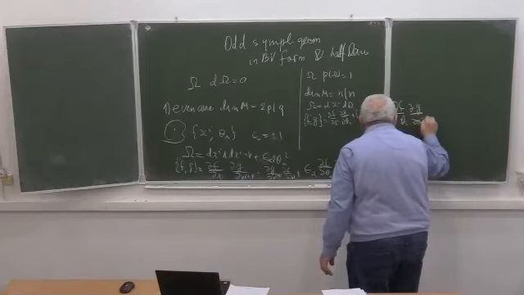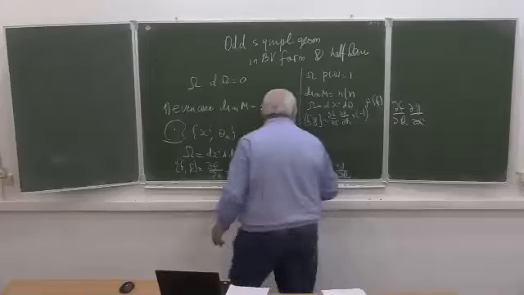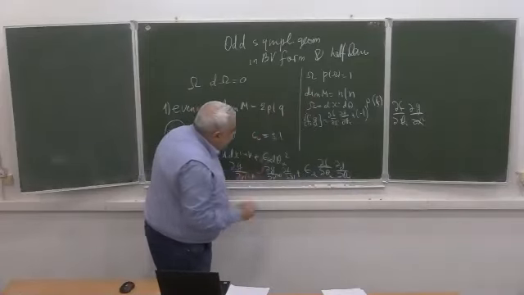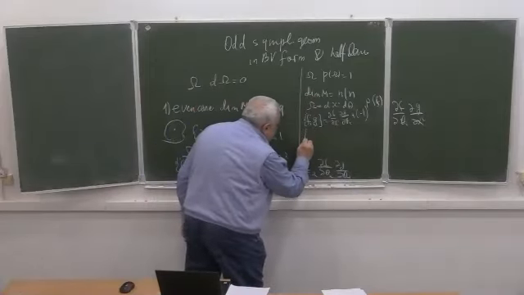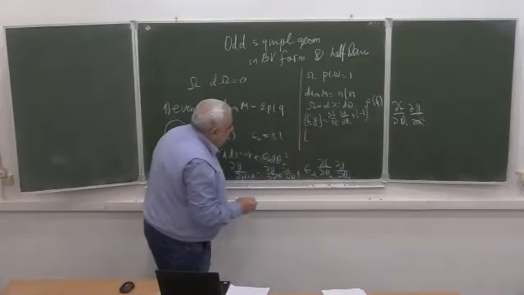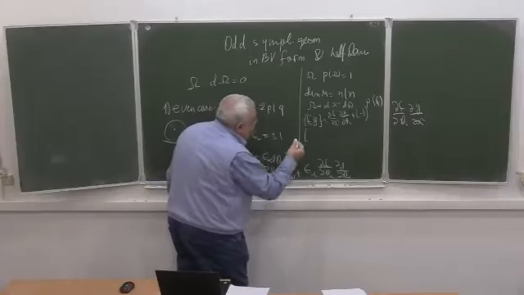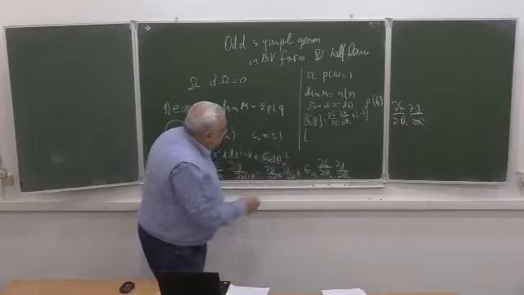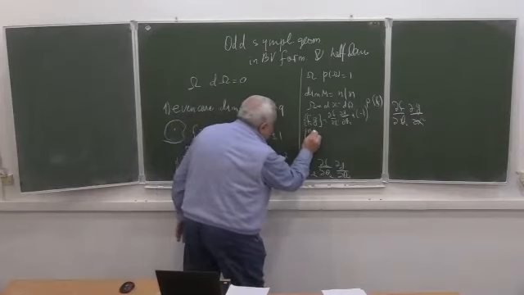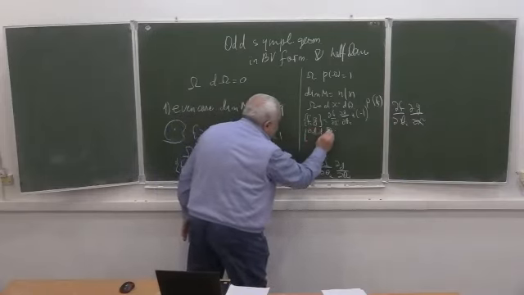This bracket has many different names, and I will not speak about history now. Of course, we can call it the canonical odd Poisson bracket.